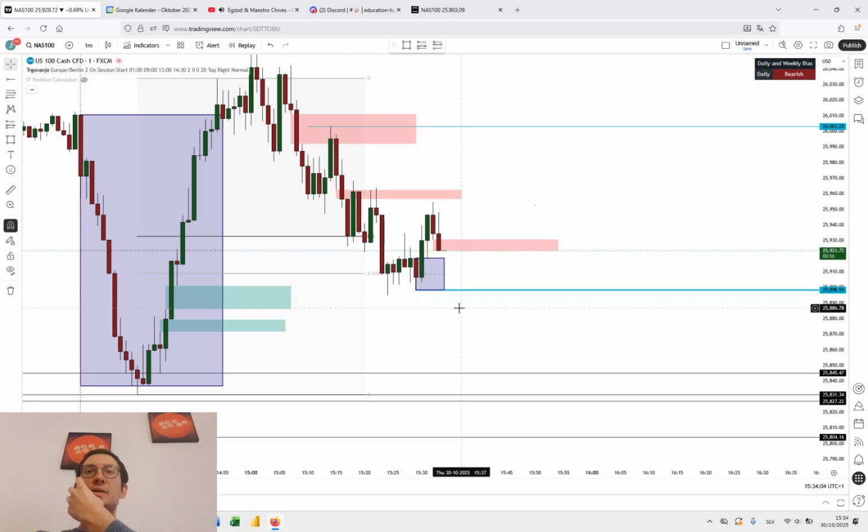Okay, we are coming now down to the order block, perhaps. In 1 minute we will take a look at what is going on on the 5-minute chart.